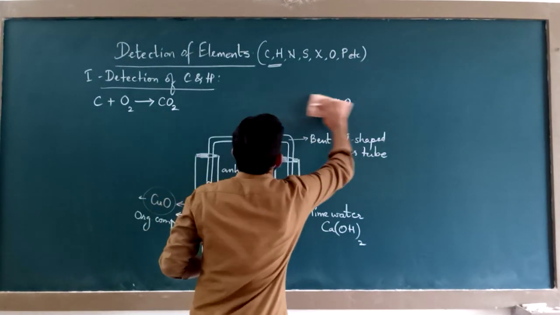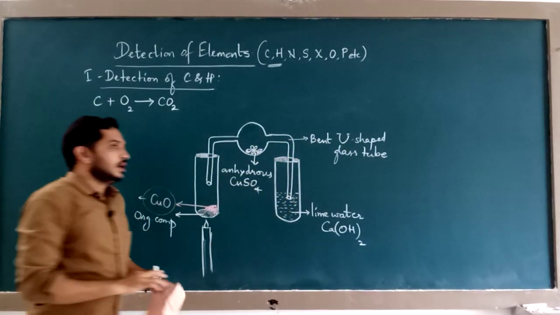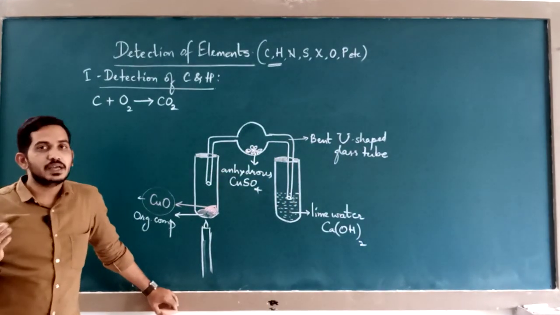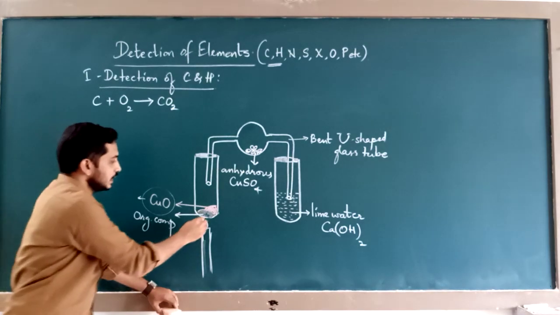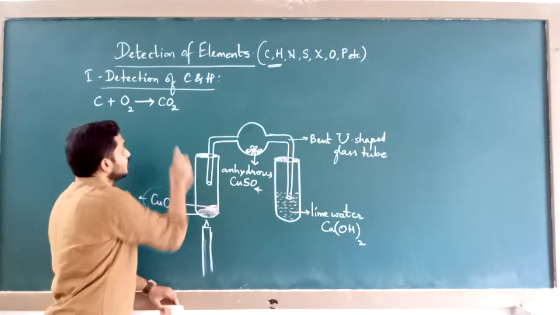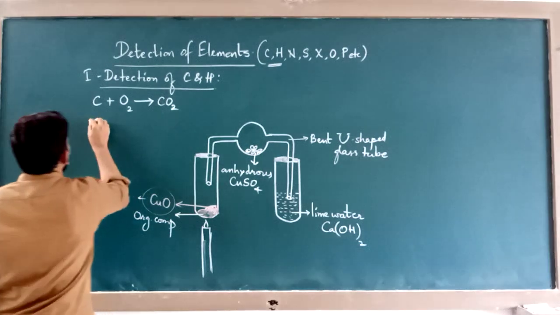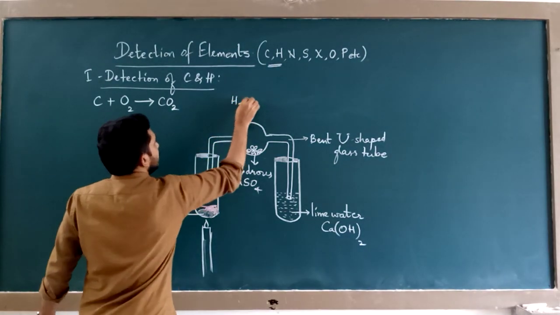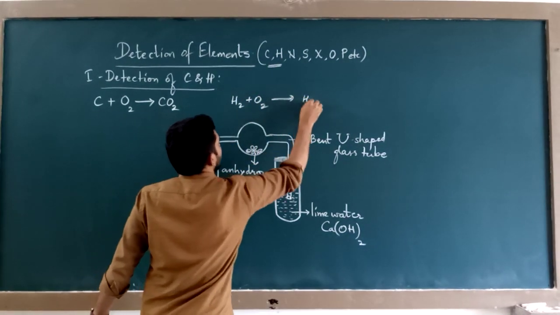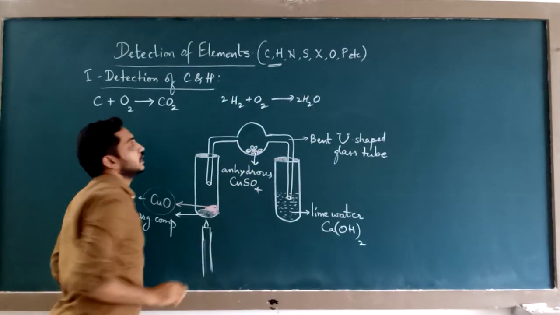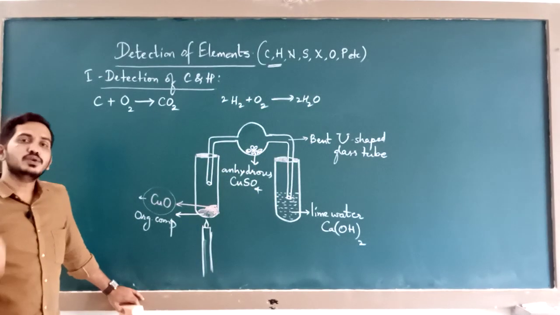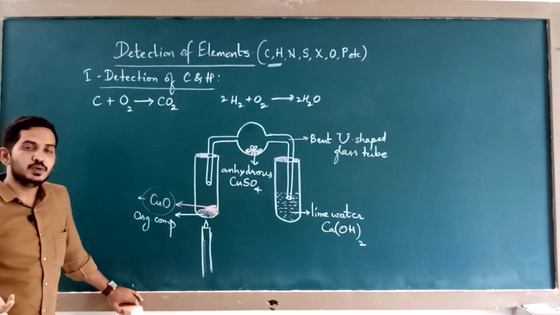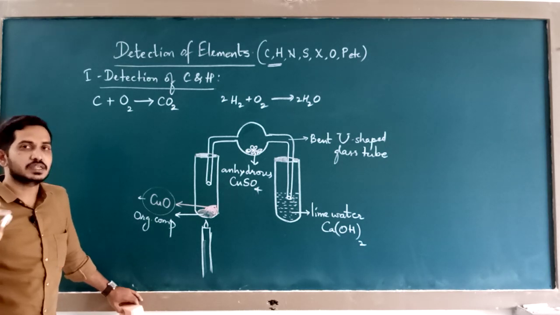So if this is known, now upon heating, if carbon is present, it will get converted into carbon dioxide, and if hydrogen is present, it will get converted into water. How do you check the presence of carbon dioxide and water?